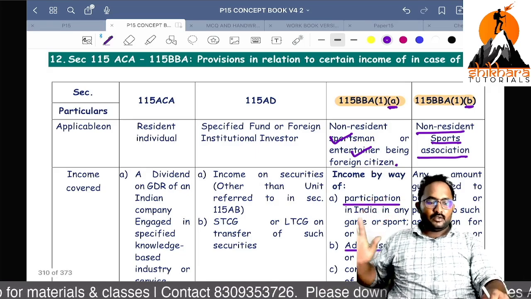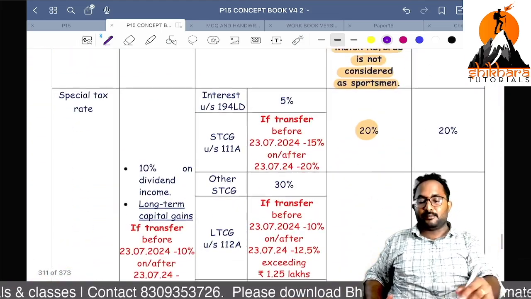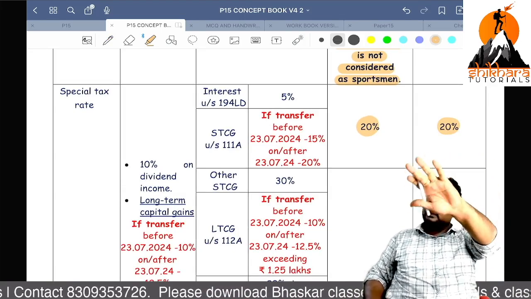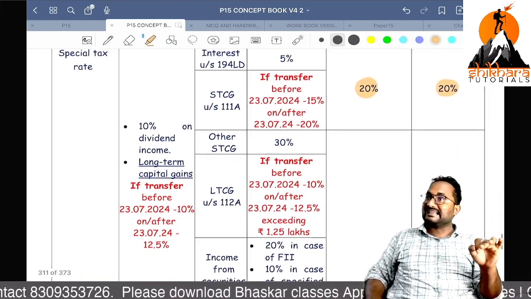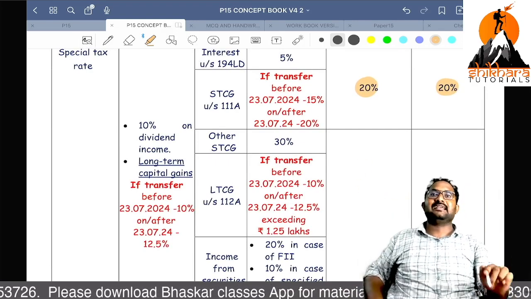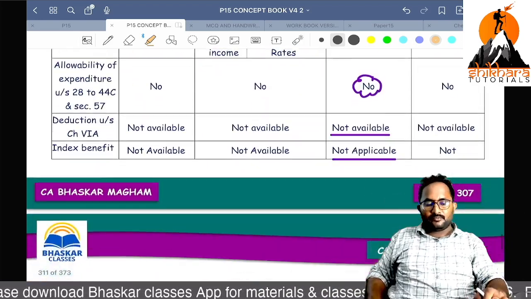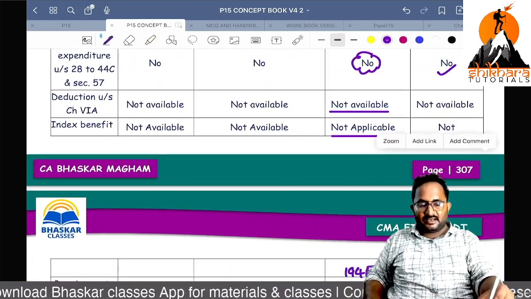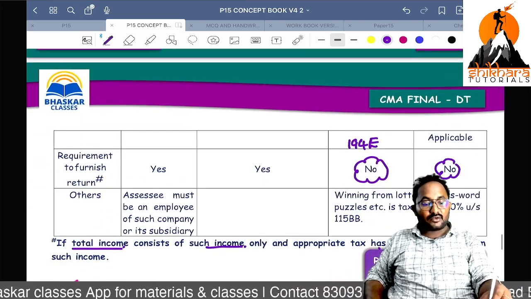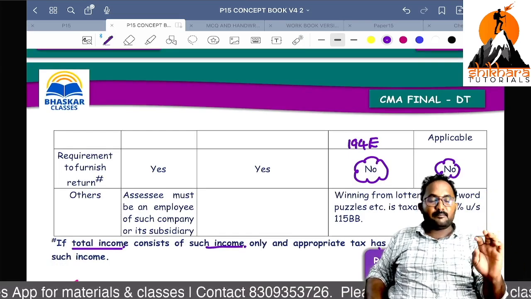England Cricket Board. So that amount is taxed in the hands of the England Cricket Board at the rate of what, ma? 20%. That non-resident sports association is required to pay the tax in India at the rate of 20%. While we are paying that amount also, we are required to deduct the TDS under 194E at 20%. Now, there is no Chapter 6A deduction, no deductions, indexation not applicable, and return of income is also not required if tax is already deducted. This is very important.